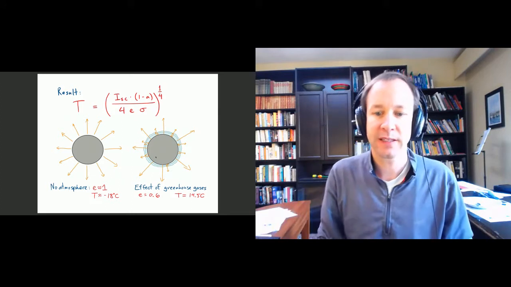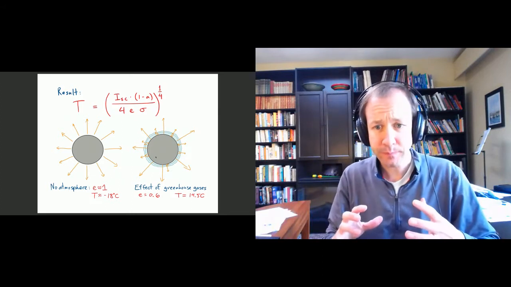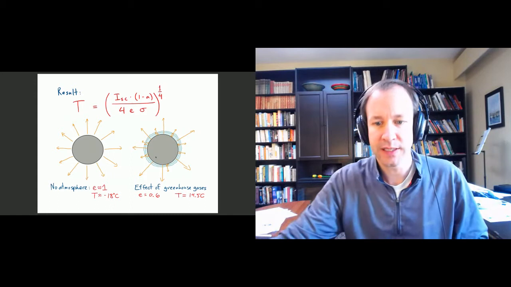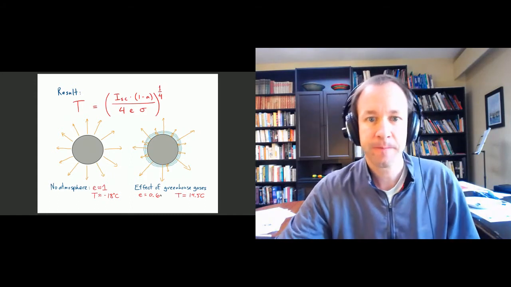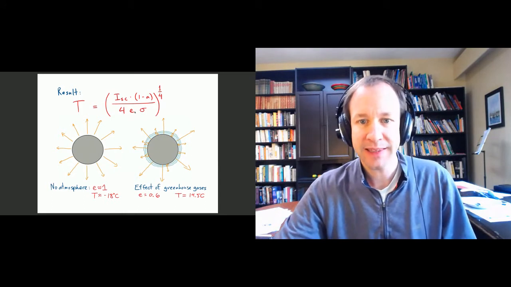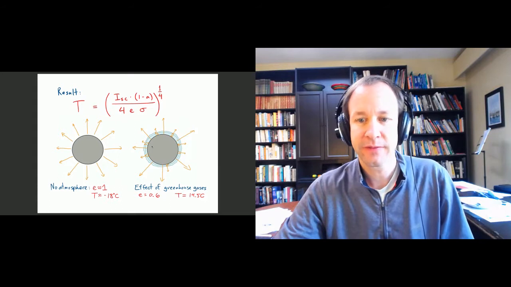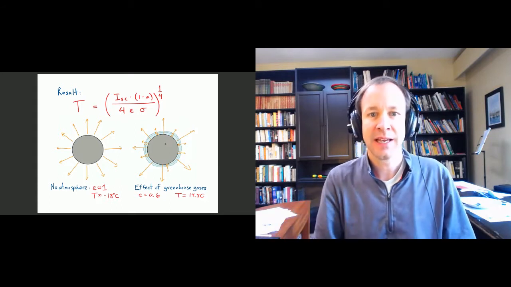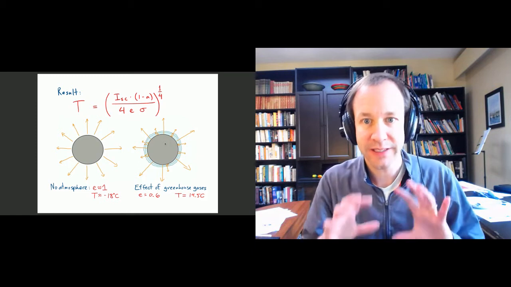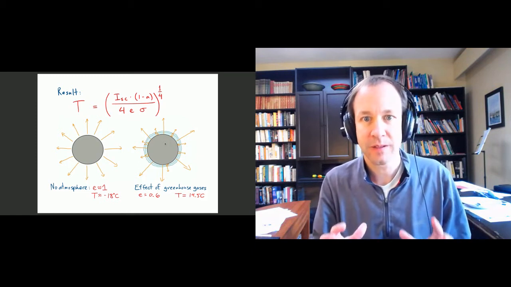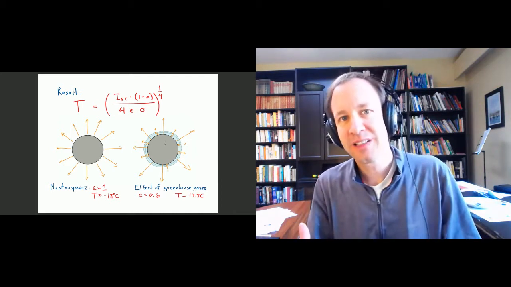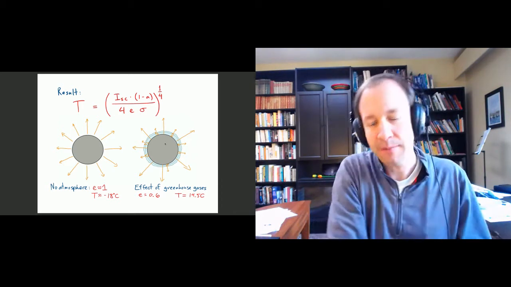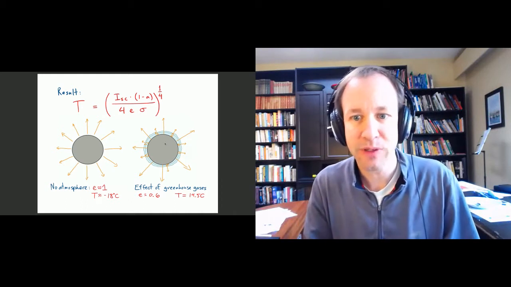Okay. So effectively, we have an emissivity which is less than 1, so 0.6 turns out to be the correct value. Okay. And so if you plug that number in instead of E equals 1, then you get a temperature of 14.5 degrees Celsius, and that is much more realistic for the actual surface temperature of the Earth. Okay. So the greenhouse gases are kind of helpful in that our temperature is not minus 18, it's more like 14.5.